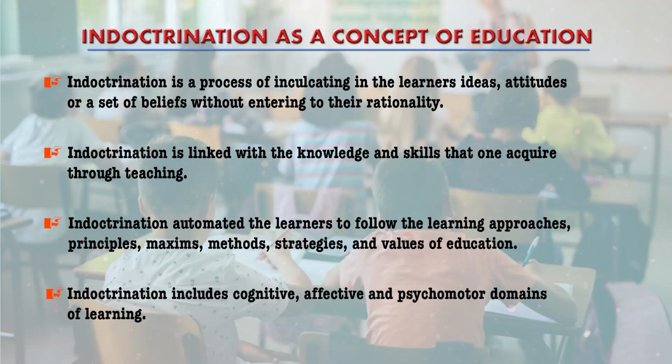Then indoctrination includes cognitive, affective and psychomotor domains of knowledge. Friends, when I was talking about training, it included only the skill aspect, only the psychomotor domain. But when I talk about indoctrination, it includes cognitive development, affective development and psychomotor development of the child. Cognitive development means development of the intellectual abilities, knowledge, understanding, application, analysis, synthesis abilities of the child. And the affective domain includes the development of the feeling aspect, development of the attitude, development of the heart.